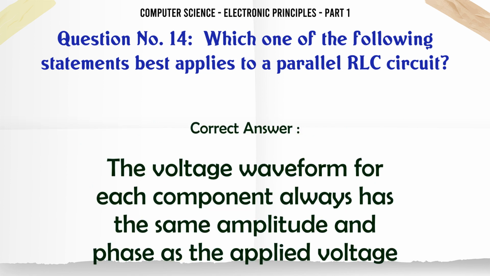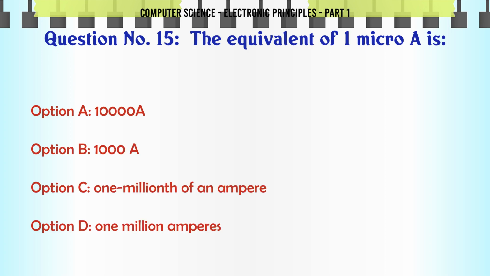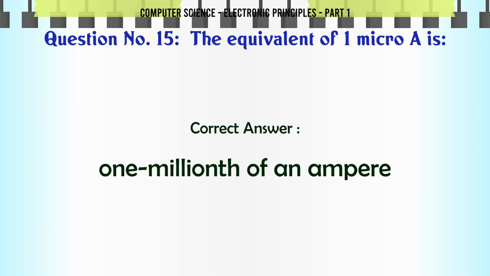The correct answer is the voltage waveform for each component always has the same amplitude and phase as the applied voltage. The equivalent of 1 microampere is: A. 10000 A, B. 1000 A, C. 1 millionth of an ampere, D. 1 million amperes. The correct answer is 1 millionth of an ampere.